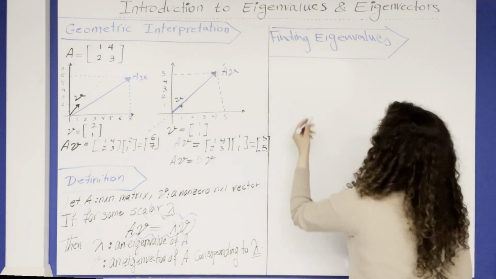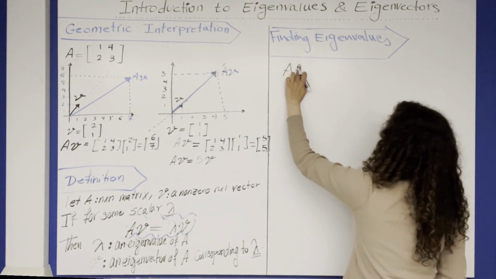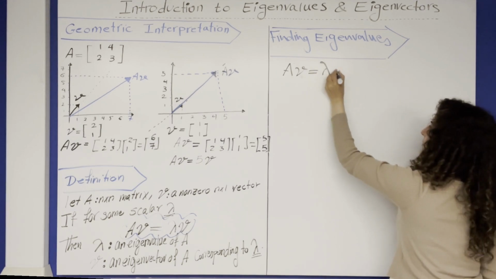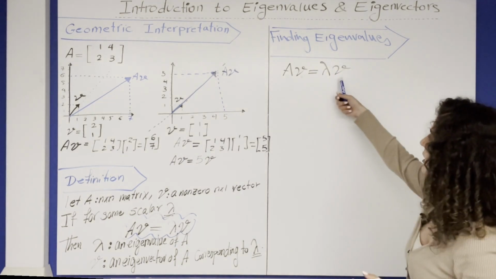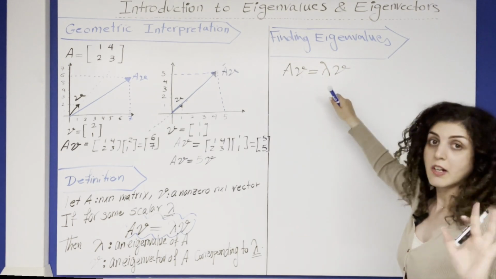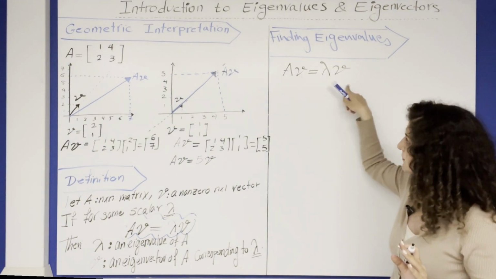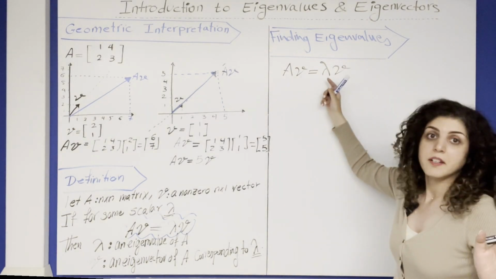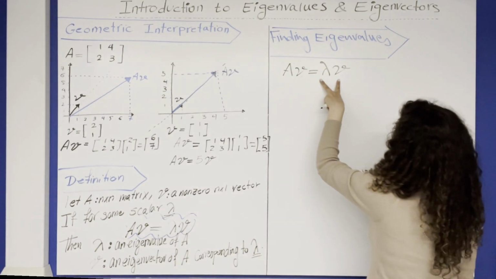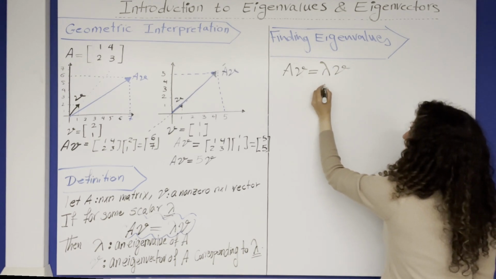So I know that AV is equal to lambda V if V is an eigenvector and lambda the corresponding eigenvalue, right? Here I don't know what is the value of lambda and V. I just know their relation, right?